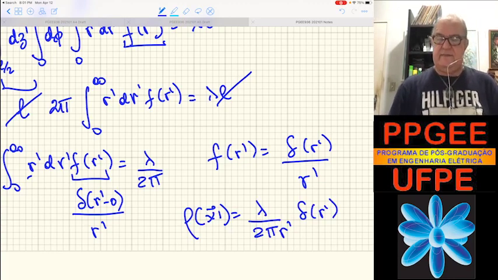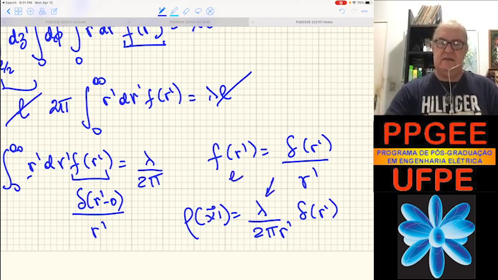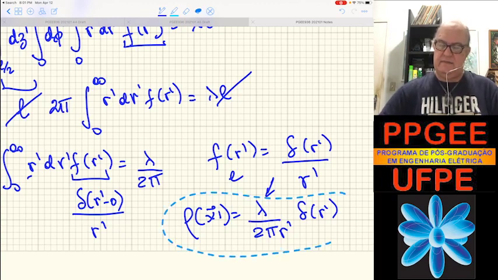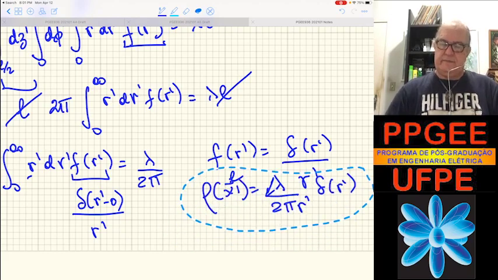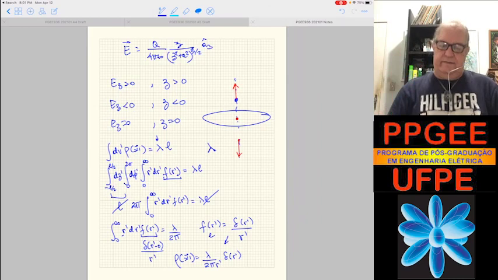That's the density. If you integrate in the whole space, you get the charge, which is lambda times L. So that's the density, and that's one part of the problem.